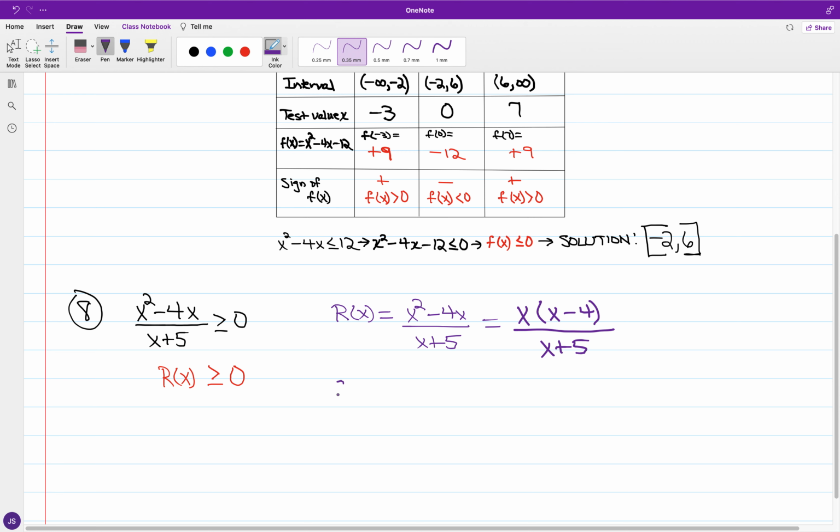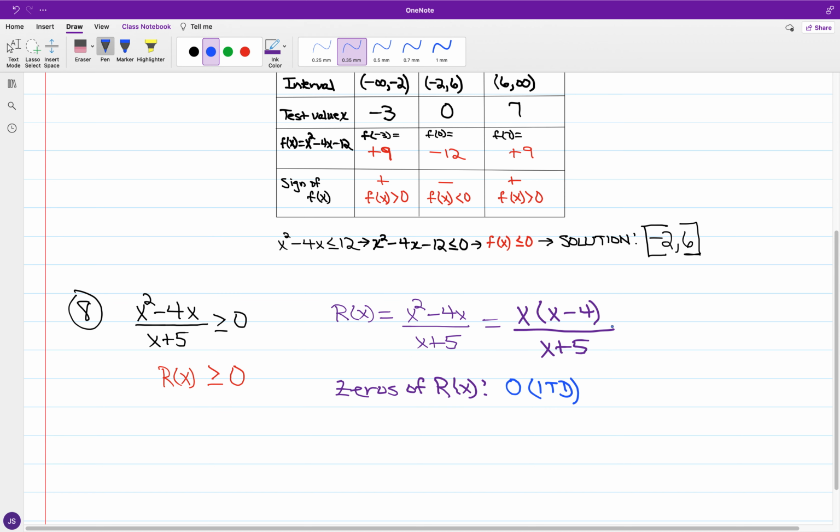And in the case of the zeros of r of x, from the numerator I can have a 0 numerator as long as I do not have a 0 denominator. From x, we have x is equal to 0, and that value is in the domain.